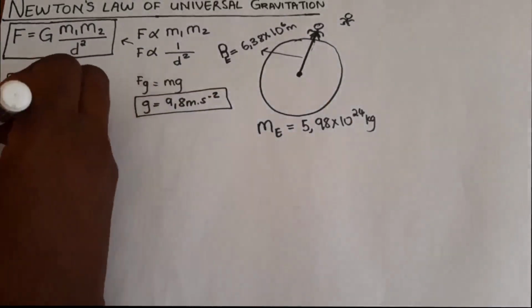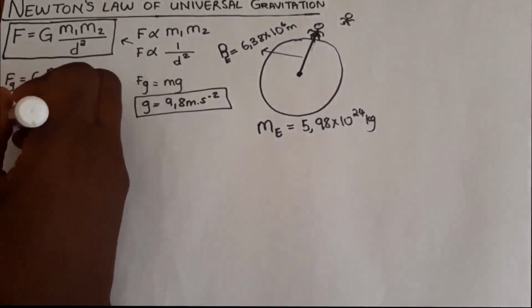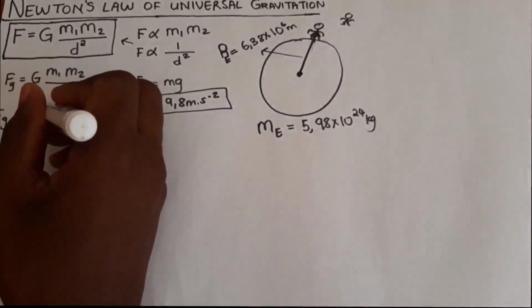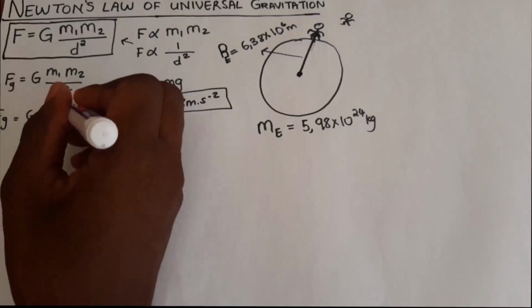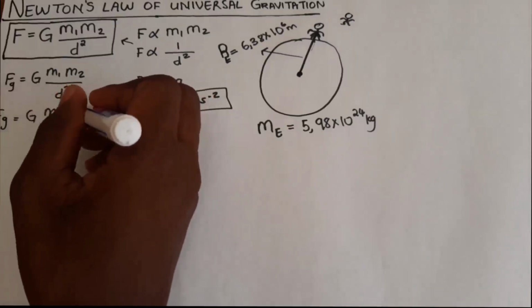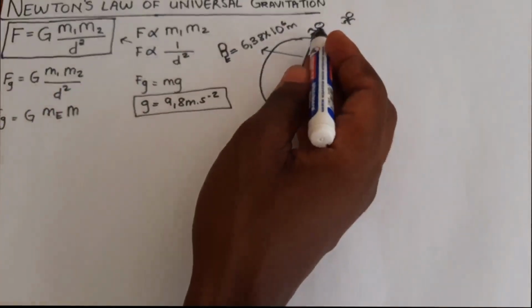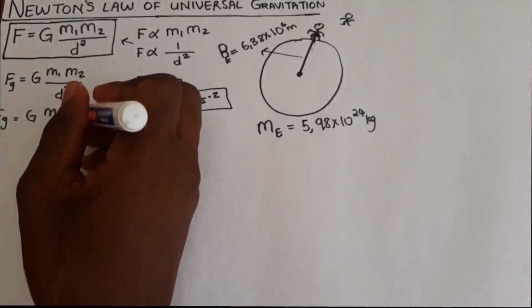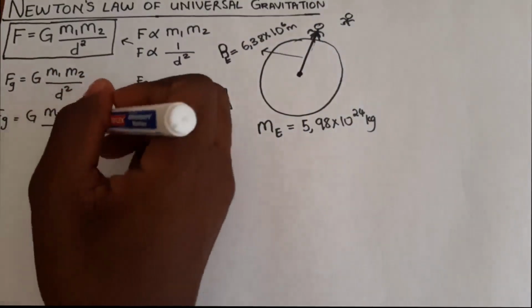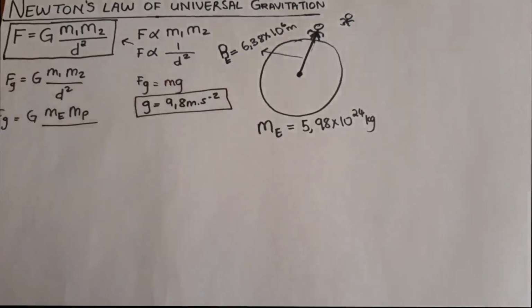So Fg is equal to the gravitational constant G, times the mass of the earth, times the mass of the person, over d squared.